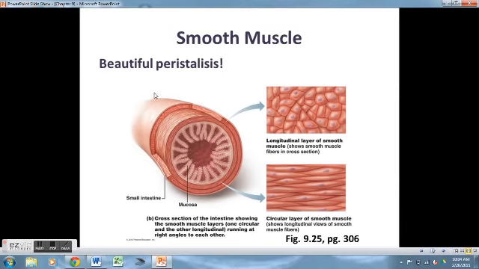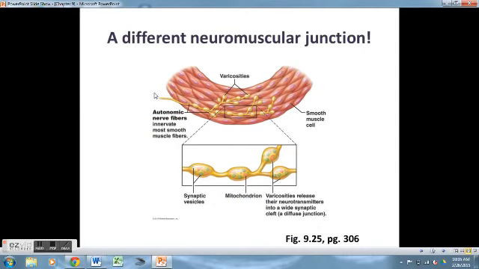So by contracting in an alternating fashion, you're making the tube of the intestines bigger and smaller and bigger and smaller and bigger and smaller. And essentially you're squeezing the contents down through the intestine. And this kind of works in like a wave-like pattern to move stuff through your intestines. It's actually really cool.